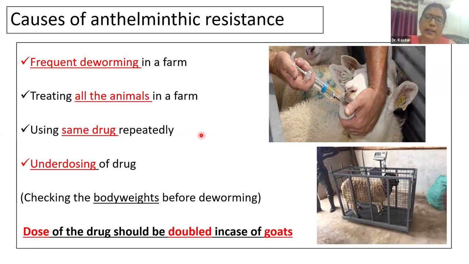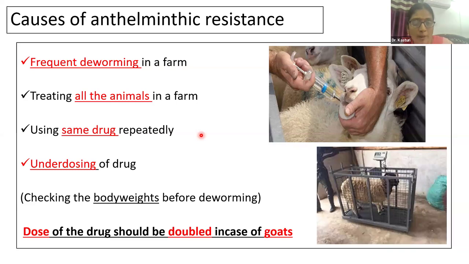So the drug is rapidly metabolized in goats. When the same drug is given to sheep and goats, in goats it undergoes rapid metabolism, which means rapid elimination from the body. The drug is eliminated faster in goats, so the dose of the drug is usually double in goats.